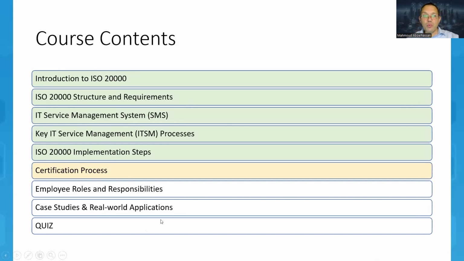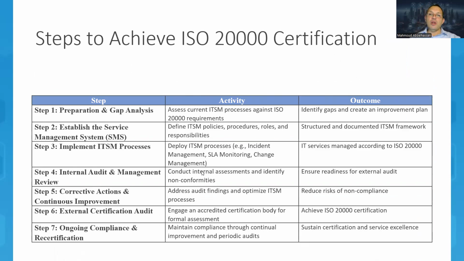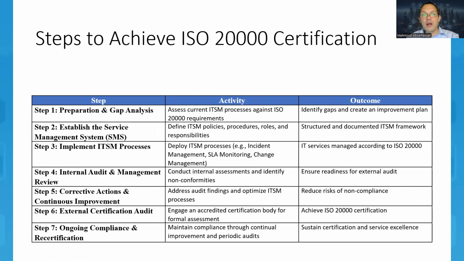Now, in this episode, we will discover together how we will obtain the certificate through a process that we will all follow. This process starts from preparation and gap analysis, and within this step, we will perform an assessment of the current state of our IT service management processes against ISO 20000 certification.